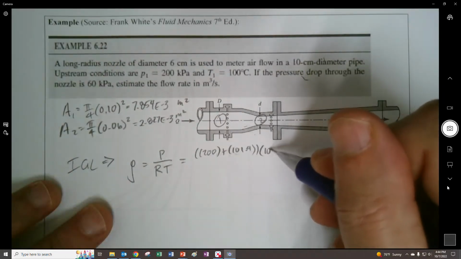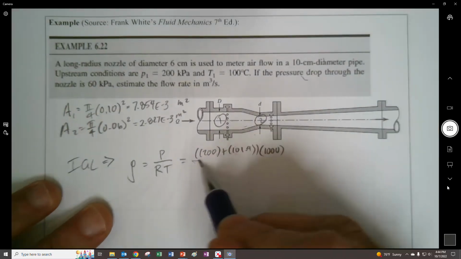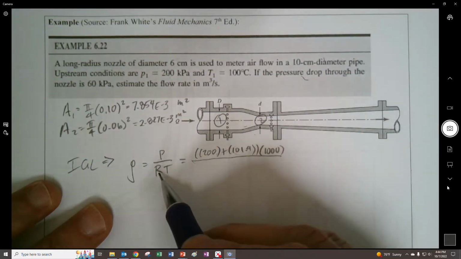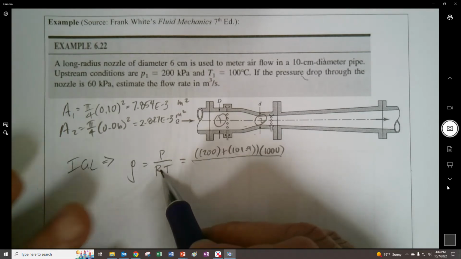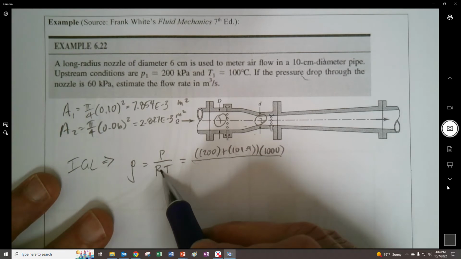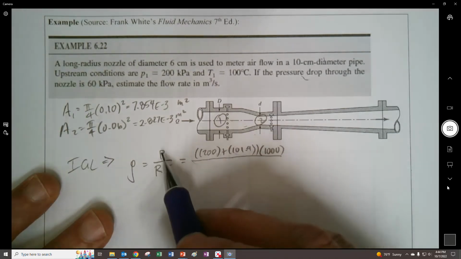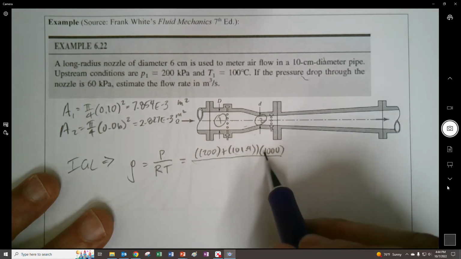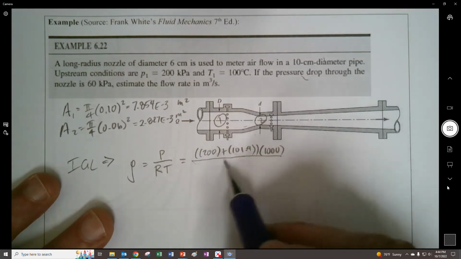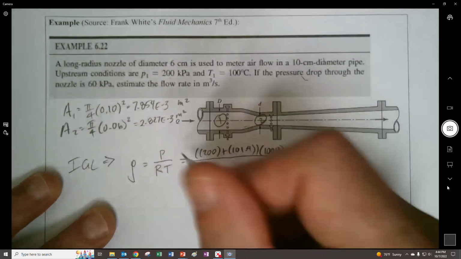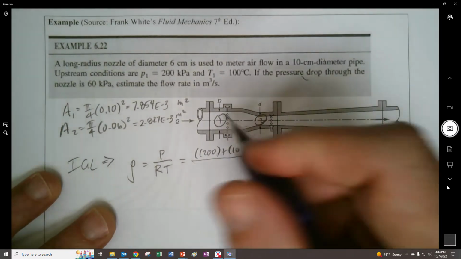And we're going to multiply it by 1,000 because we need to have it in the right units. Did we look up the R units? I think it's Newton meter per kilogram degree Kelvin, right? Anyway, you need pressure in newtons per meter squared, so just be aware that you need to multiply by 1,000.